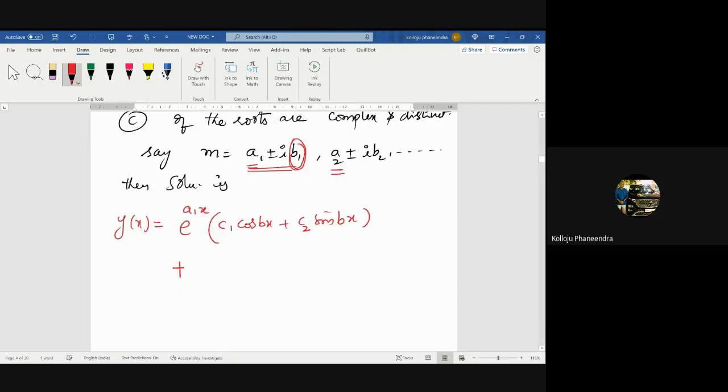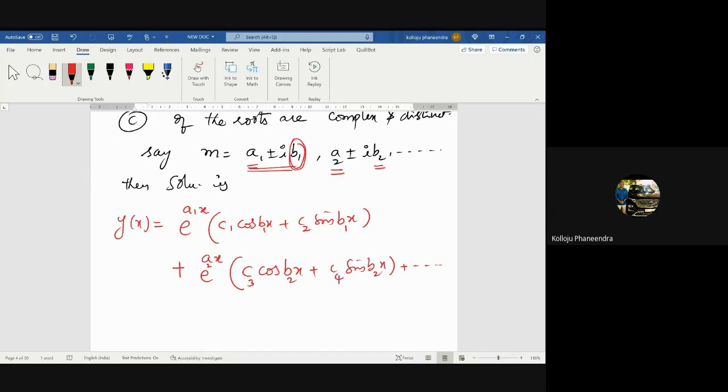Now coming to the second, the real part is a2, right? e power a2x, for b2, c3 cos b2x plus c4 sine b2x and so on. Like this you have to write.